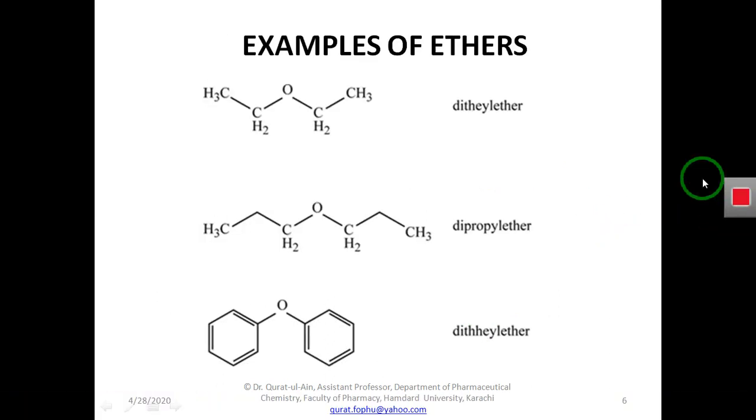So there are a few examples of ethers. As you are seeing here, an oxygen atom is attaching to two ethyl groups. Here you can see these are two alkyl groups attached to the oxygen.